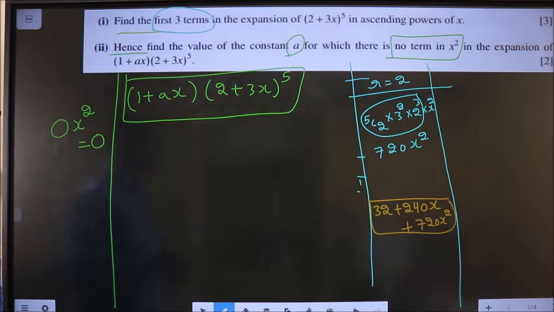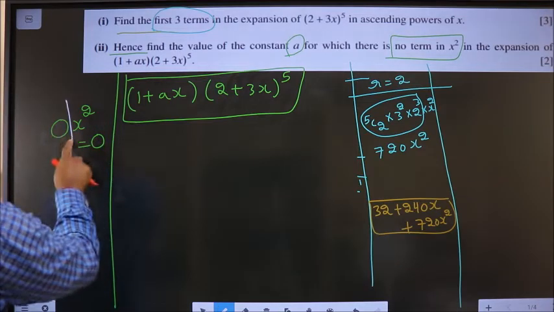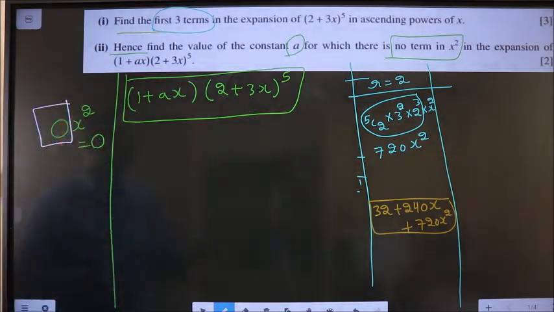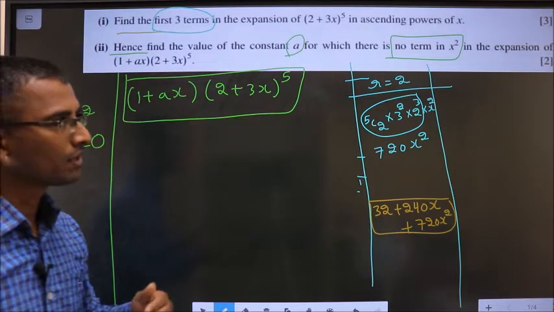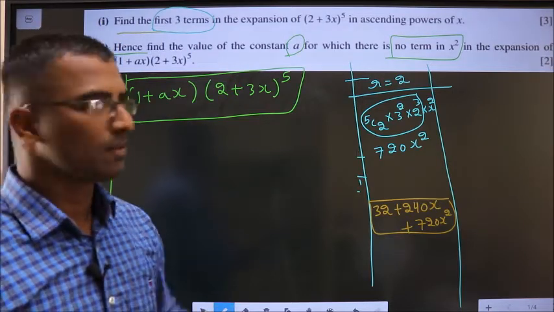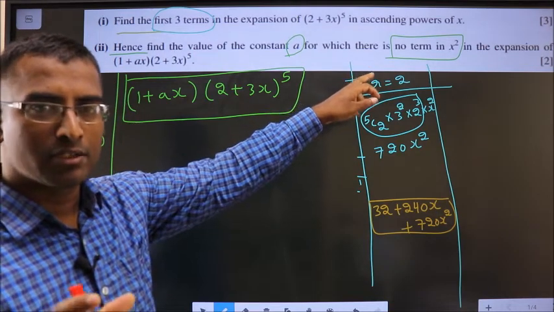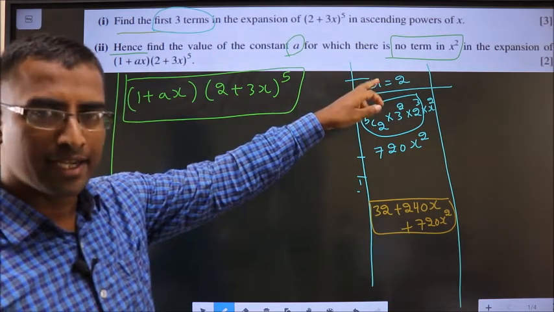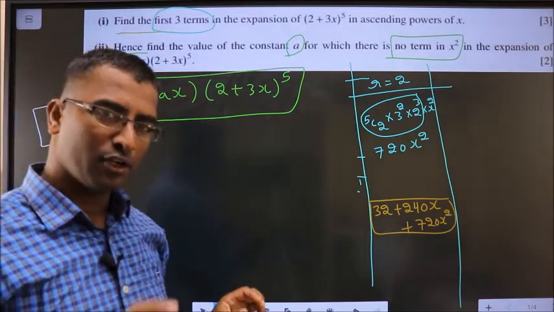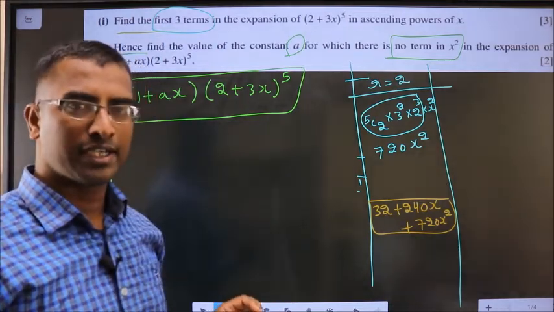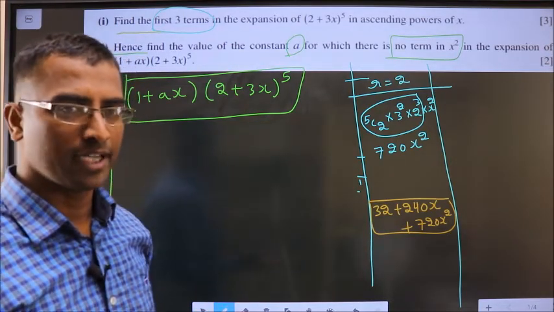In that way I can make sure that x square term is not present. So what do I understand is, if there is 0 before x square, that is how I can make sure that x square term is not present in the expansion. Clear? Final conclusion is, no term in x square means coefficient of x square should be 0. Only in that case x square term will not be present. So let us find coefficient of x square.